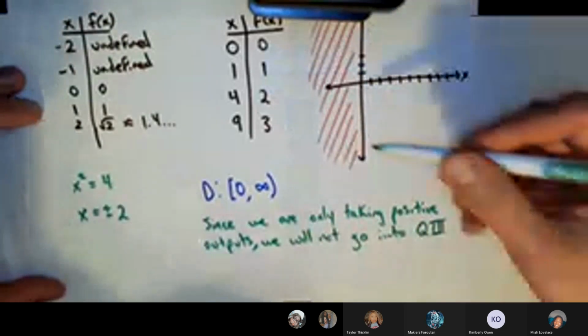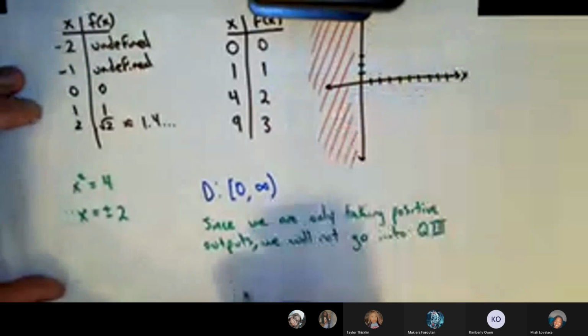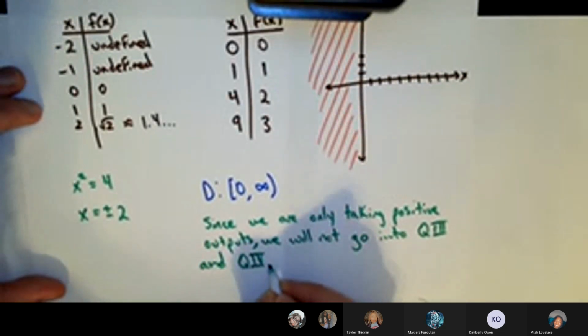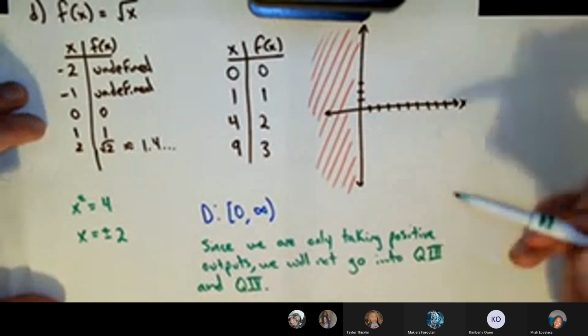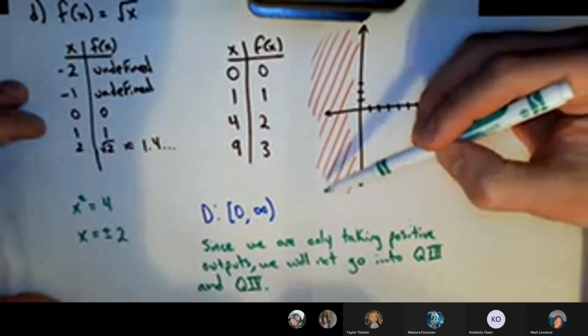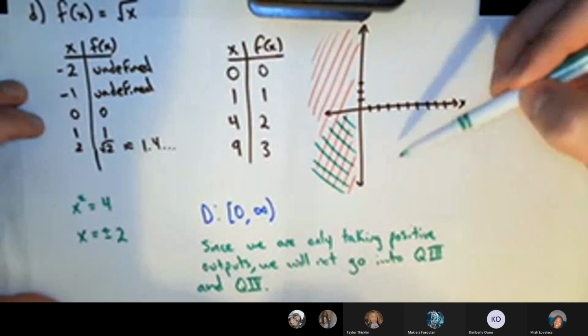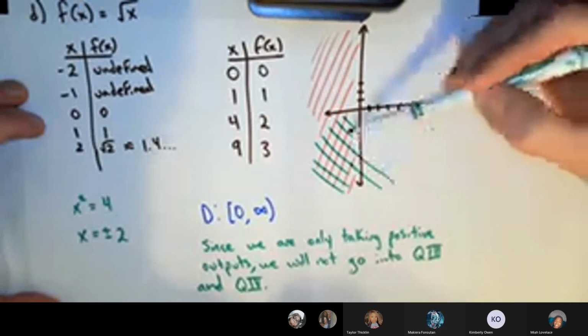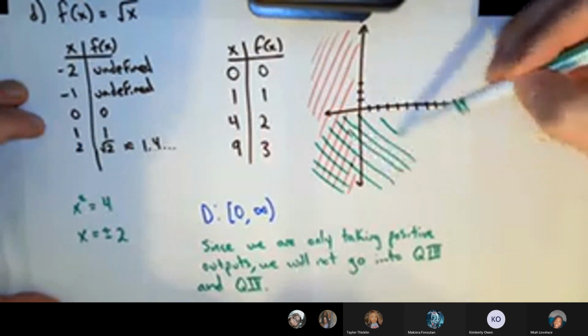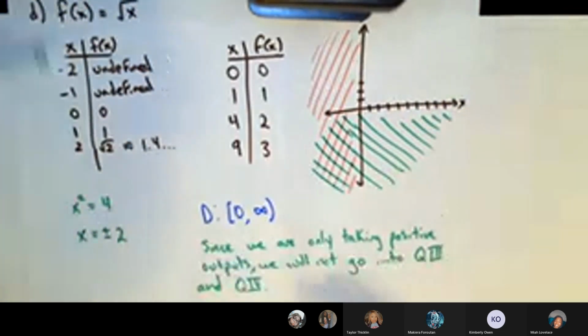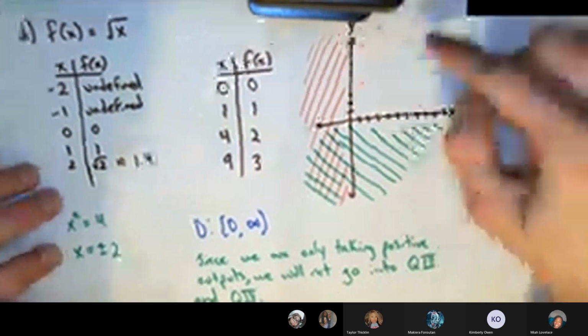We were already not allowed in quadrant 3, but specifically also now quadrant 4 is not allowed. So we're not going into quadrant 3 or quadrant 4. All that to say, this square root of x function is stuffed into this first quadrant.